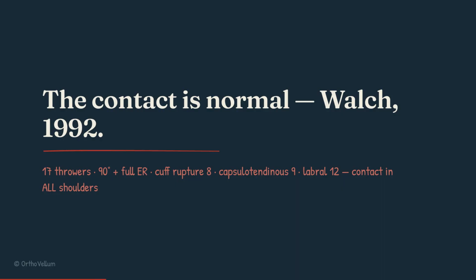Partial articular-sided cuff rupture in 8, capsulotendinous tears in 9, posterosuperior labral lesions in 12. The lesson: this contact occurs in all shoulders in ABER. It only becomes pathologic when posterior capsule contracture causes excessive contact forces.